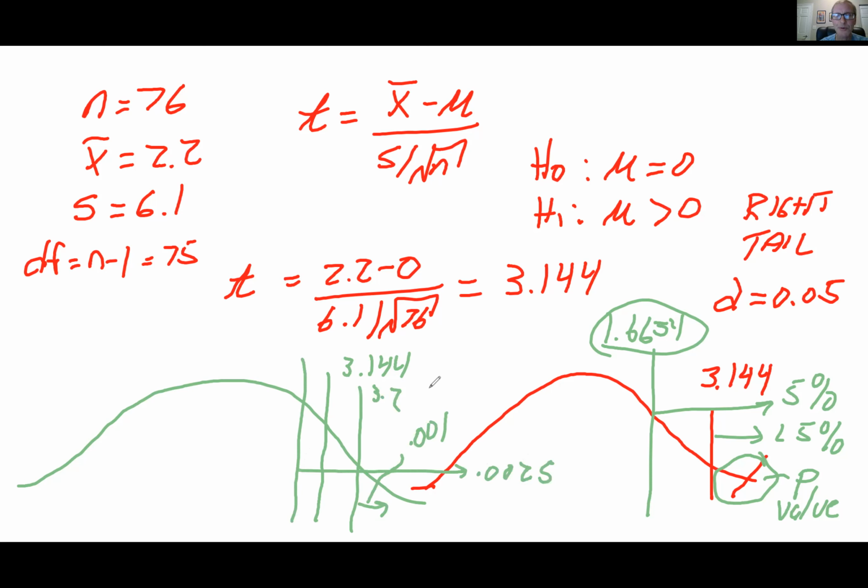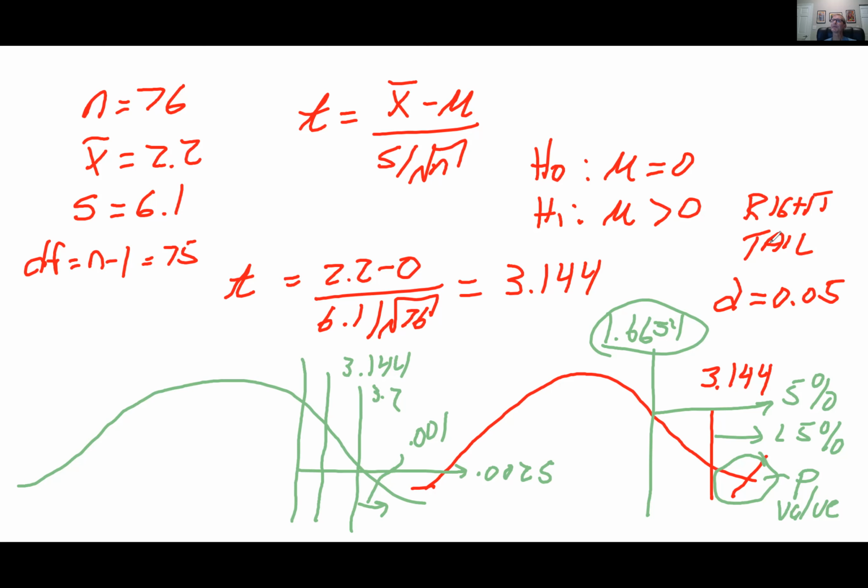So you know it's somewhere in between there, which is way less than 5%. So you can see that not only by the t-score comparison can we reject the null hypothesis, we can reject it strongly because the probability, or that number that we get with our t calculation of 3.144, is very small.